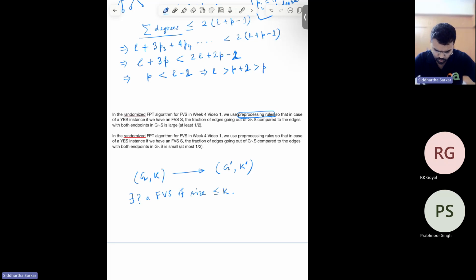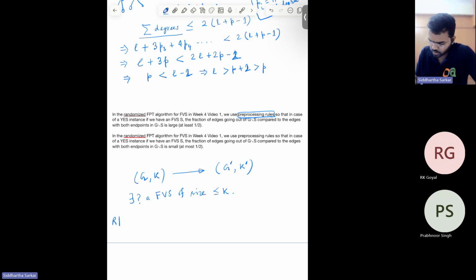The rules are not too important, but let me see if I can write them quickly. In the context of feedback vertex set, we have discussed them already, so we can quickly recall them.